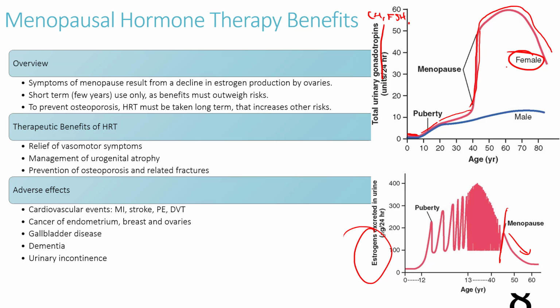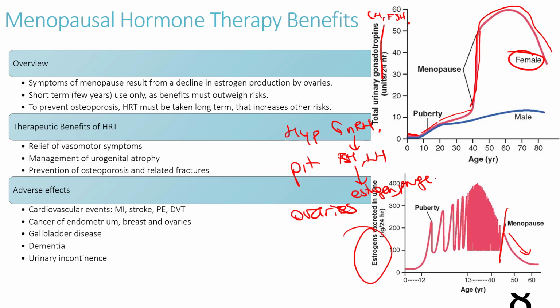And so you know the hypothalamic pituitary axis, where you have gonadotropin releasing hormone being secreted by the hypothalamus, traveling through the hypophyseal portal system to release FSH and LH, and then that travels by the systemic circulation to the ovaries to cause a release of estrogen and progesterone.